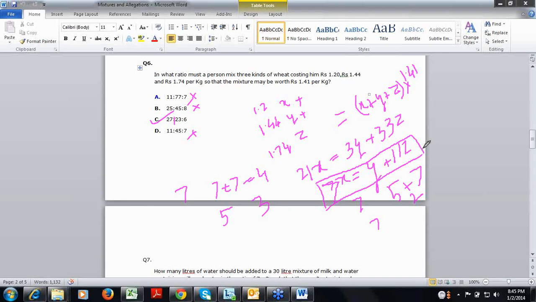Can that be equal? No. Again we can cross that option. Only option C with a small correction, 27, 123, 6. So 3 plus 6, 123 plus 66. So unit digit will be 9. 27 into 7, unit digit will be 9. So only one option will satisfy this equation.